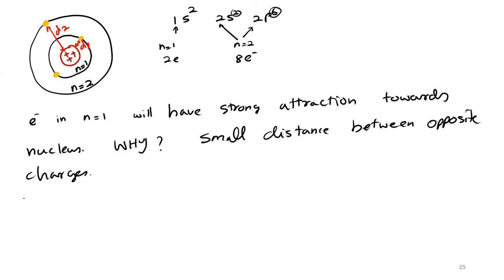And the electrons in n equals 2 have less attraction. The reason is the larger distance.